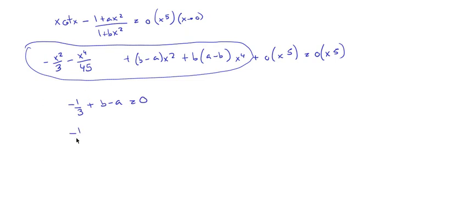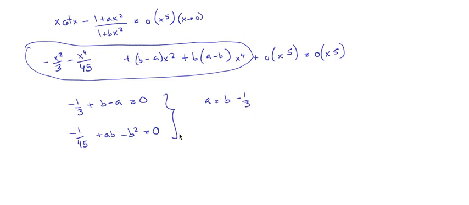And then we have minus 1 over 45 plus ab minus b squared have to be equal to 0, right? So now again we have a system of two equations. These are not linear, but we can compute them easily. For instance, so we have a equal to b minus 1/3, right?